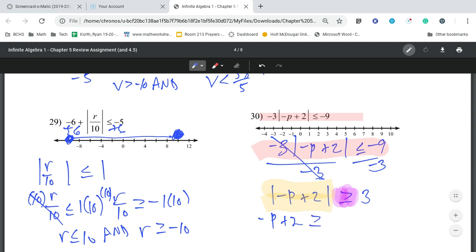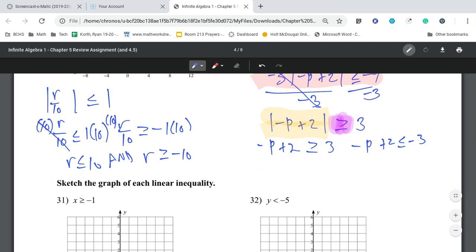So we're greater than or equal to 3, less than or equal to -3. Subtract 2, subtract 2. -p greater than or equal to 1, -p less than or equal to -1, divide by -1, divide by -1.